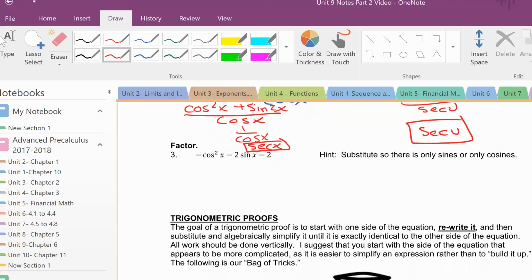All right, the last one, they want you to factor. And when you factor and there's two different trig functions, you need to substitute in for one of the functions. So for example, cosine squared, that is 1 minus sine squared. And then you distribute the negative.